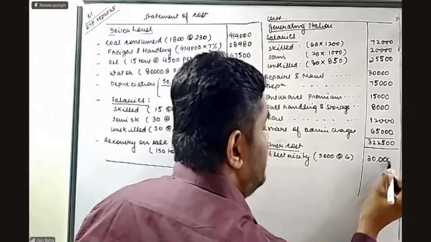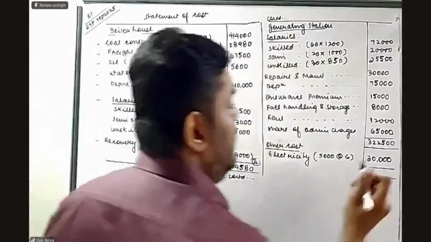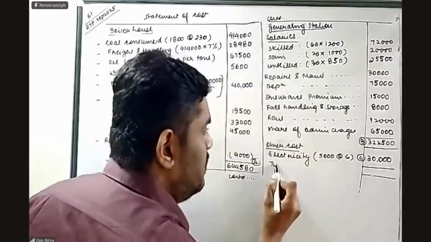The cost is 30,000. So A, B, and C will calculate the total cost.